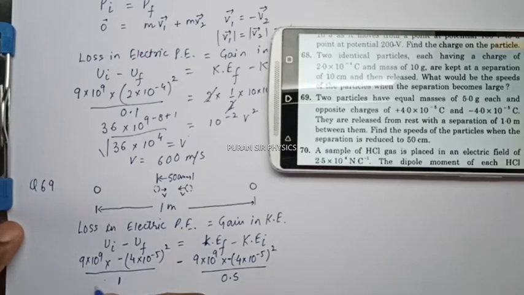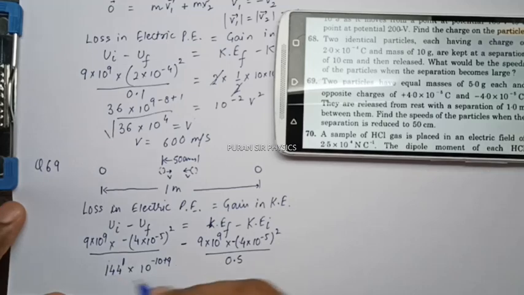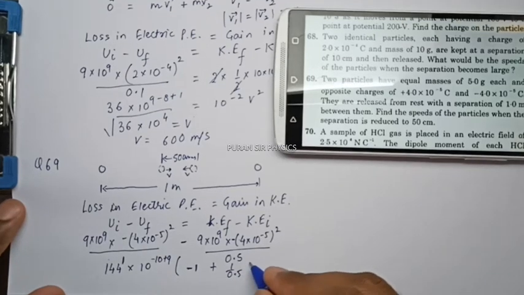And from here we'll say, 16 into 9 is 144. So 144 into 10⁻¹⁰ and +9, so this quantity will be common. And here we will have -1 and from here +1 divided by 0.5.